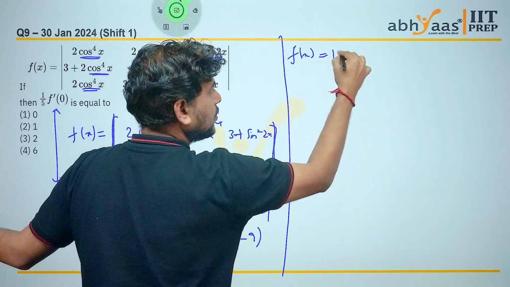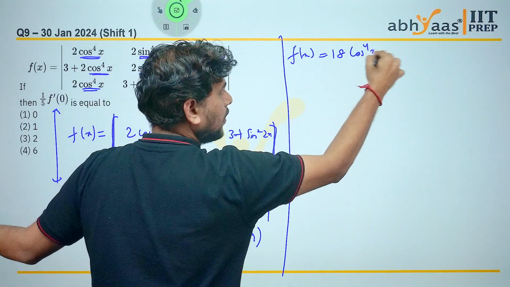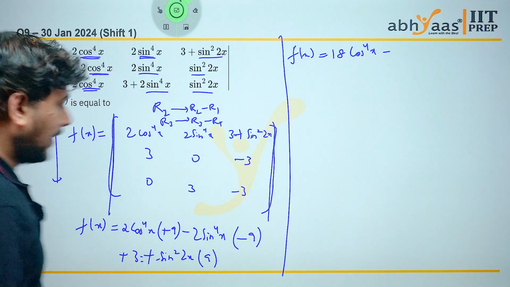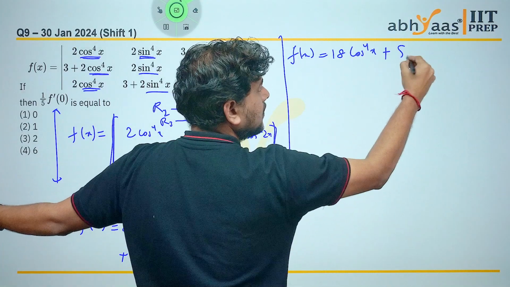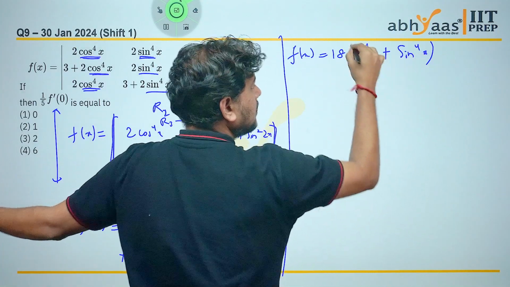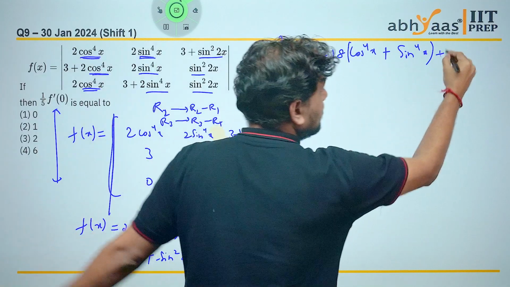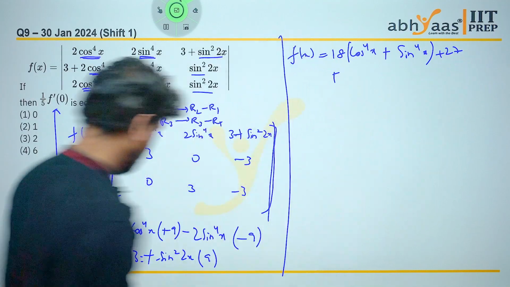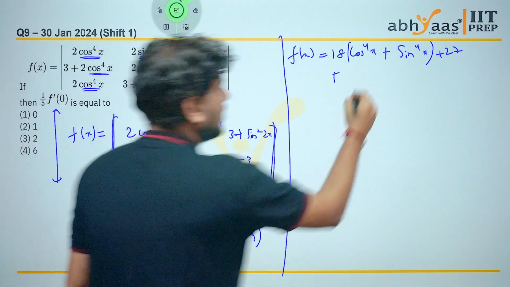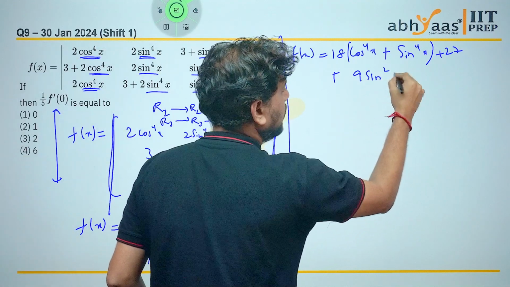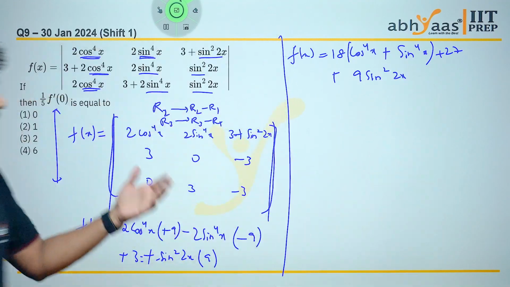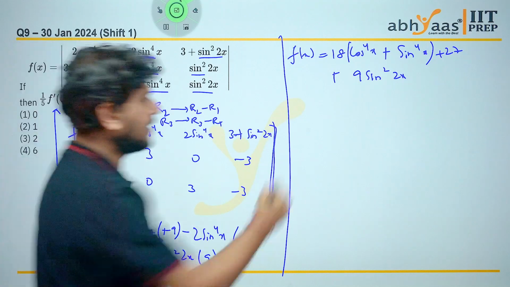F of x equals 18 cos power 4x plus 18 sin power 4x. Okay, 9 3 is 27 plus 27 and 9 sin square 2x. Okay, we can further reduce it, but let's do the differentiation part.